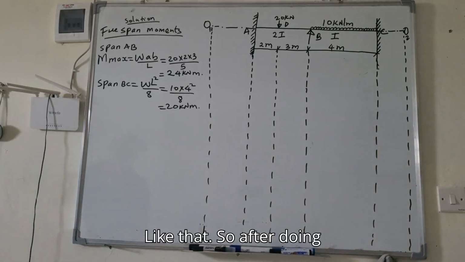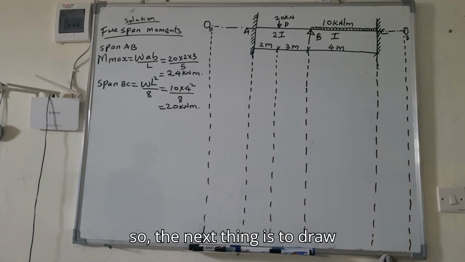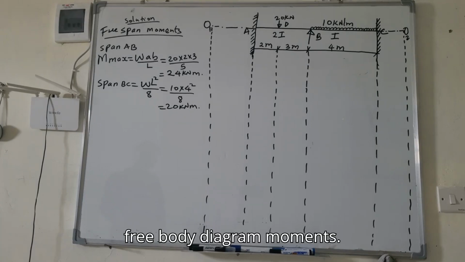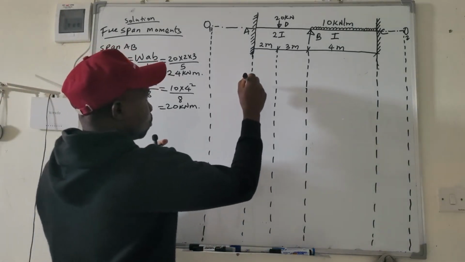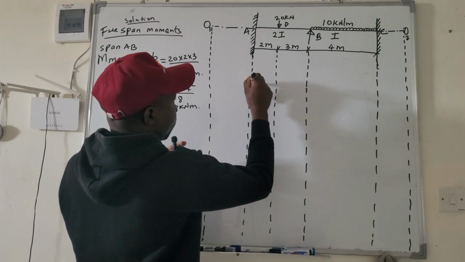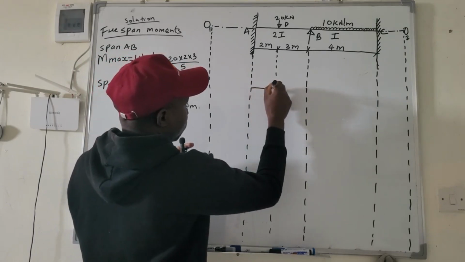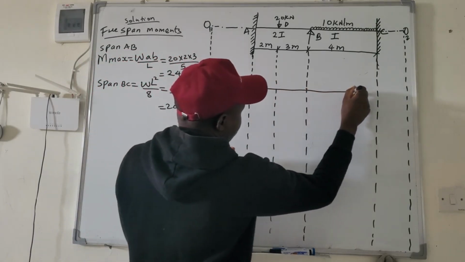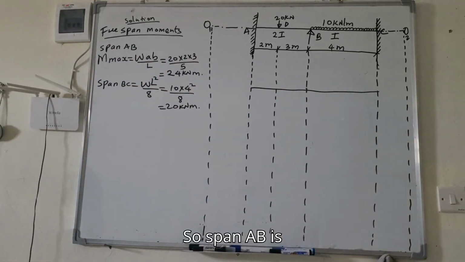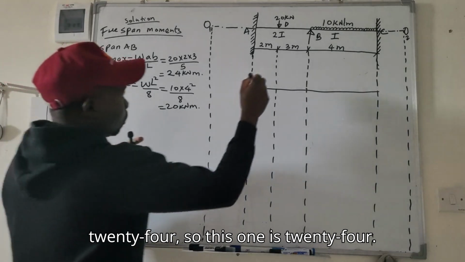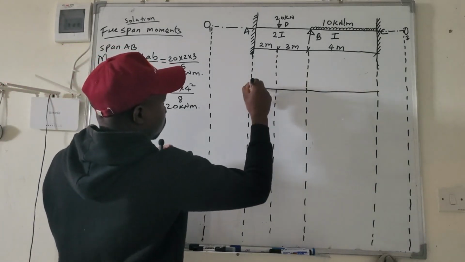Like that. After doing so, the next thing is to draw the free body moment diagram. We'll draw our free body moment diagram here. Span AB is 24.